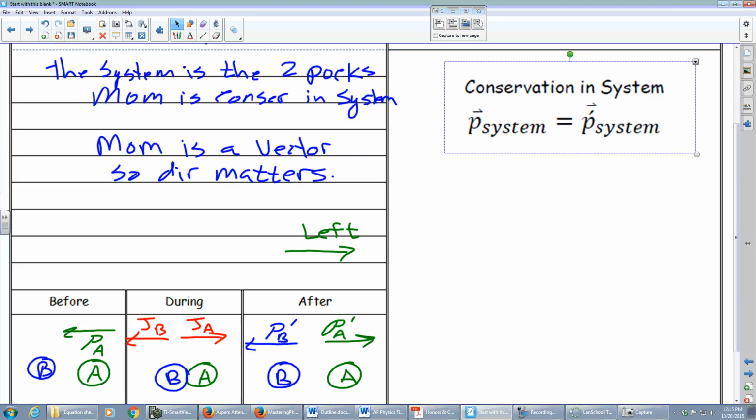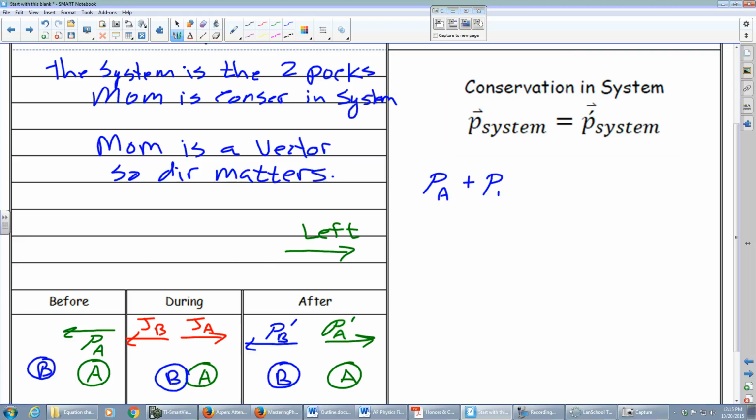I'm sure that you guys know it by now because you've used it so often. So beforehand, my system, I have the momentum of A and the momentum of B. Afterwards, they're still separate, so I have a new momentum for A plus a new momentum for B, noticing that those are vectors because the arrow's on the top.